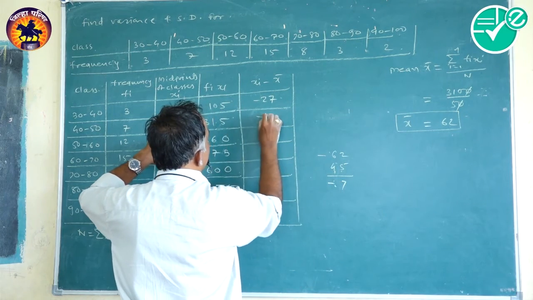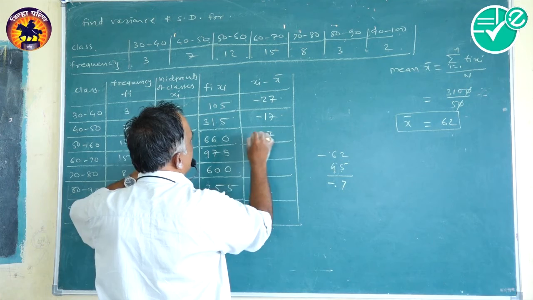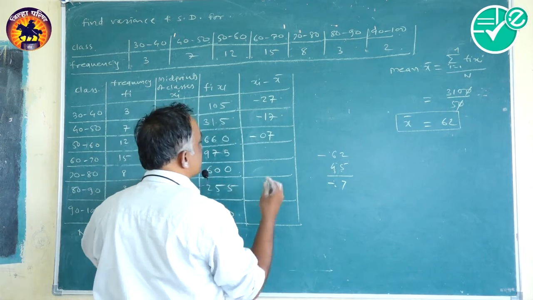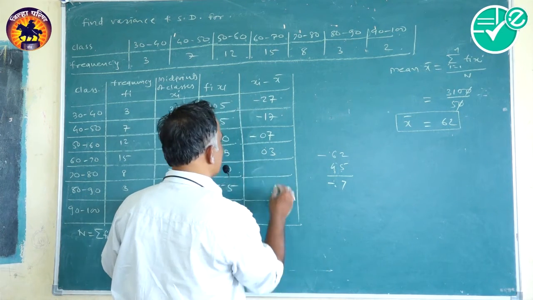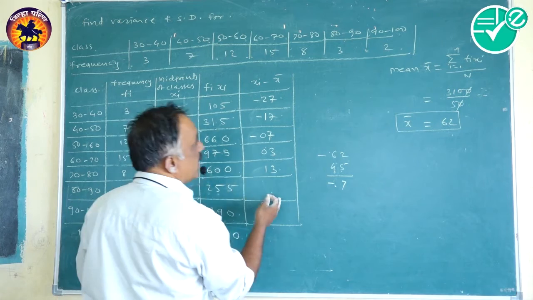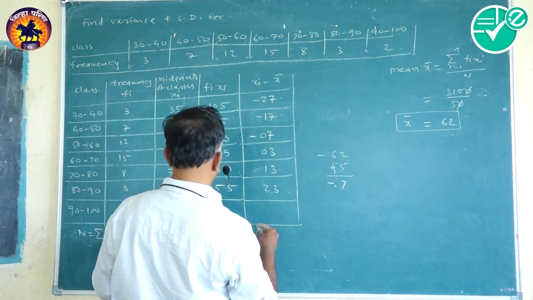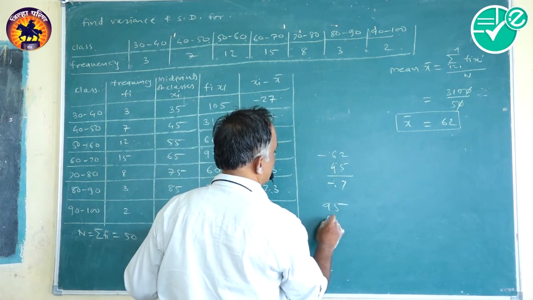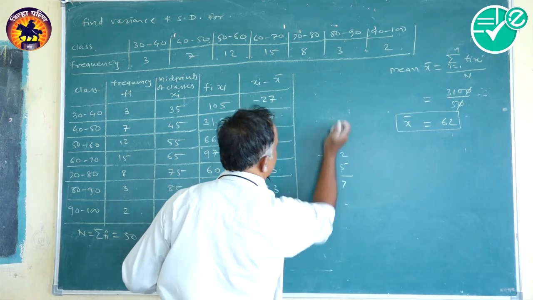That is equal to minus 17. Then minus 7. Then 65 minus 62, that gives you 3. 75 minus 62 gives you 13, I think. 85 minus 62 gives you 23. And 95 minus 62 should be 33. Let's check it once again. 3 and of course 3, that is 33.